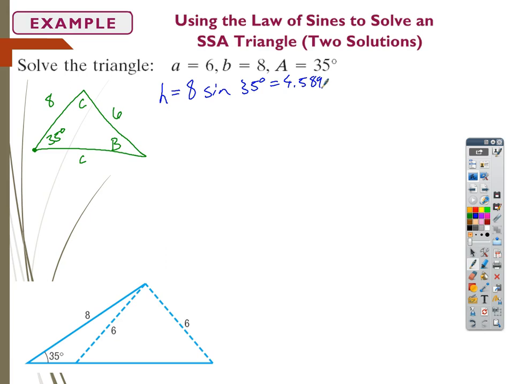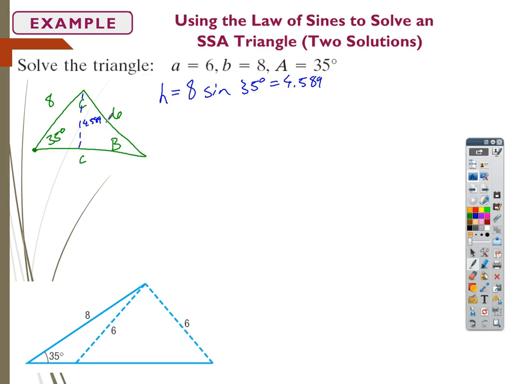Huh. Well, I compare that to the side that was given. So if they say here, my height is 4.589. Hey, my h is bigger, or it's not bigger. So you know what? I'm going to have at least one triangle. So then again, next thing I gotta do is I have to compare.